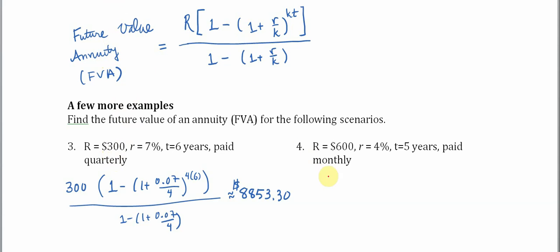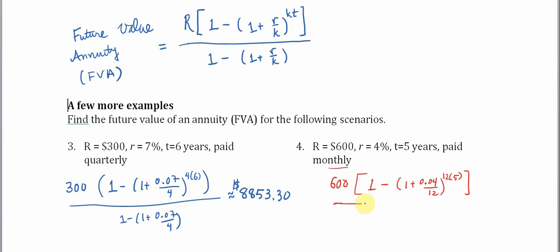Similarly, we can do something like that with a different case here. If we had 600, so that's big R, investing at a 4% interest rate, so 0.04 over 12 this time because it's being paid monthly, 12 times per year, raised to the 12 times 5, a period of 5 years.